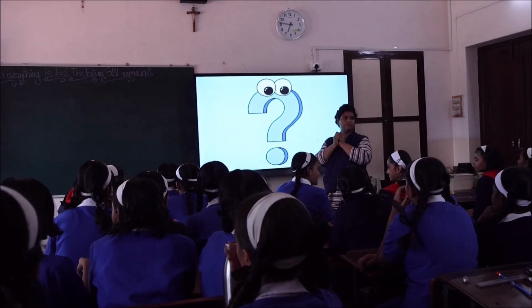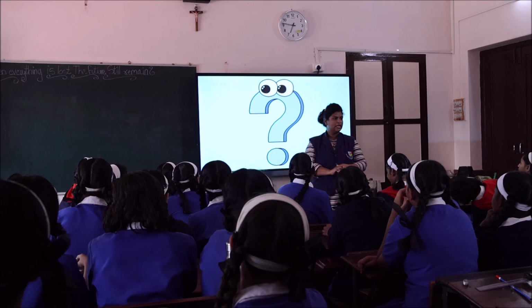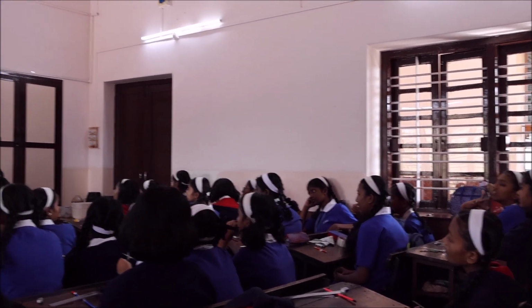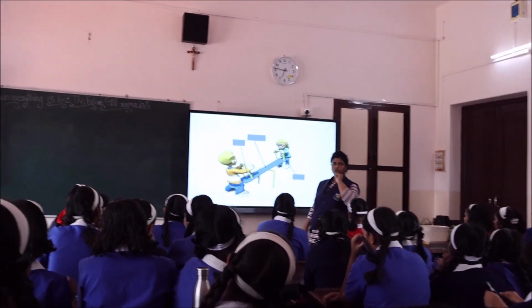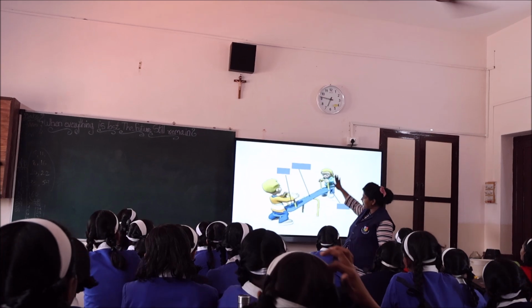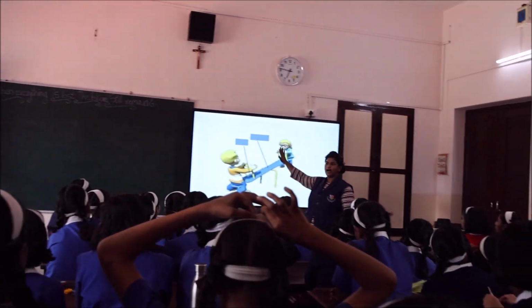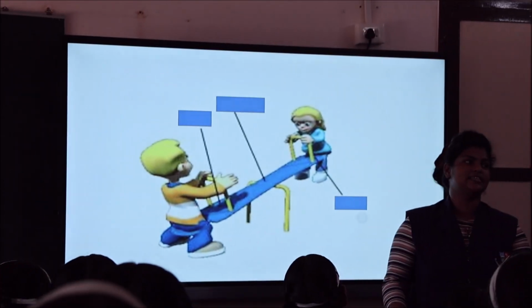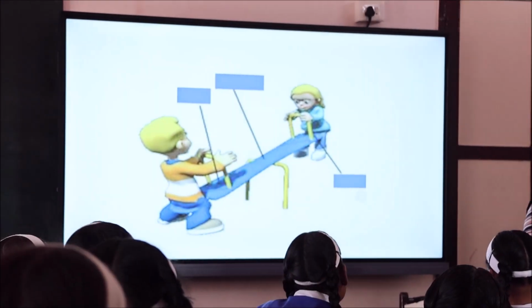Rijul, are you ready to answer a question? Rasika, are you ready, darling? Yes, come on. Look, this is a seesaw. Up and down. The fulcrum is the part that doesn't move.